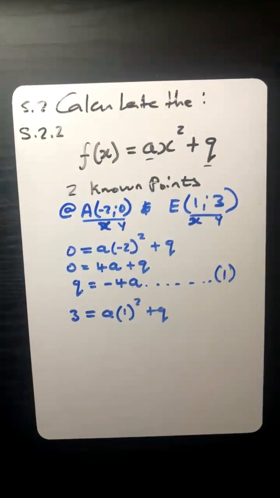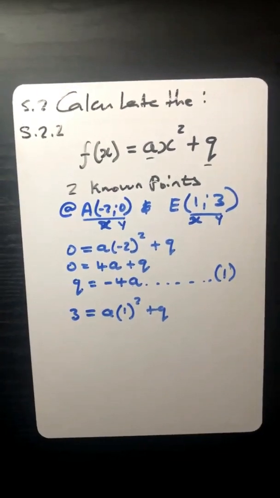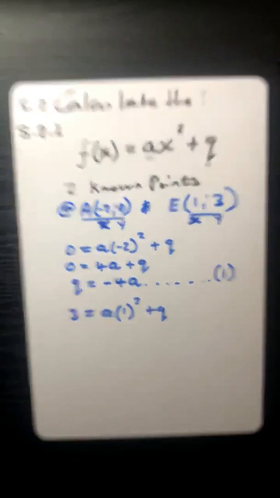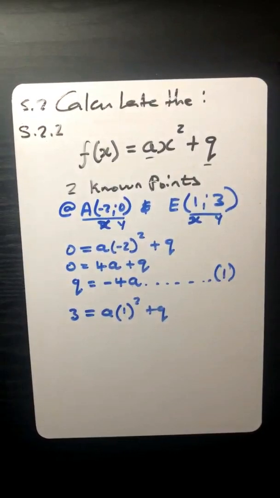Q, look there. Q is equal to negative 4A. What did I write there? Am I missing something? Who's speaking? Let me quickly.